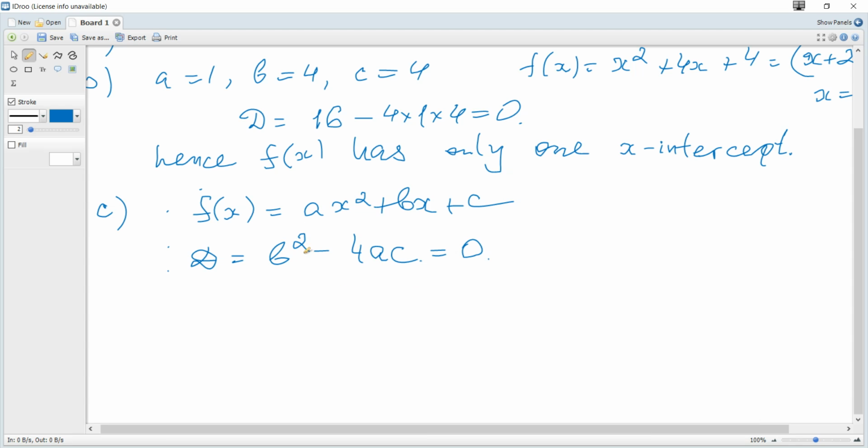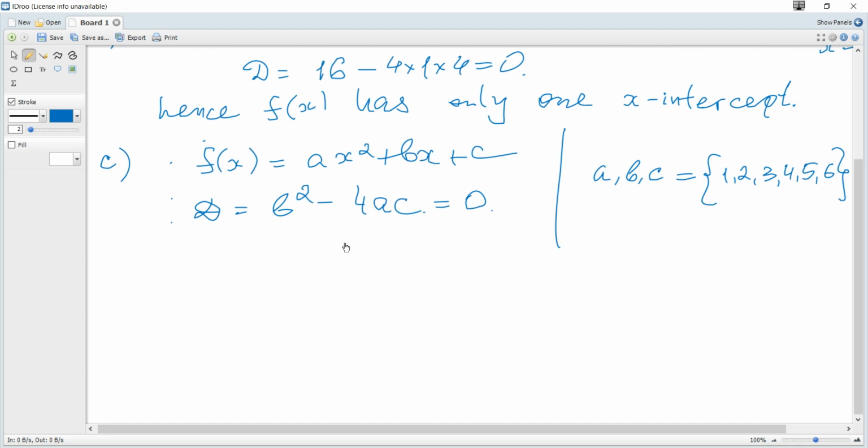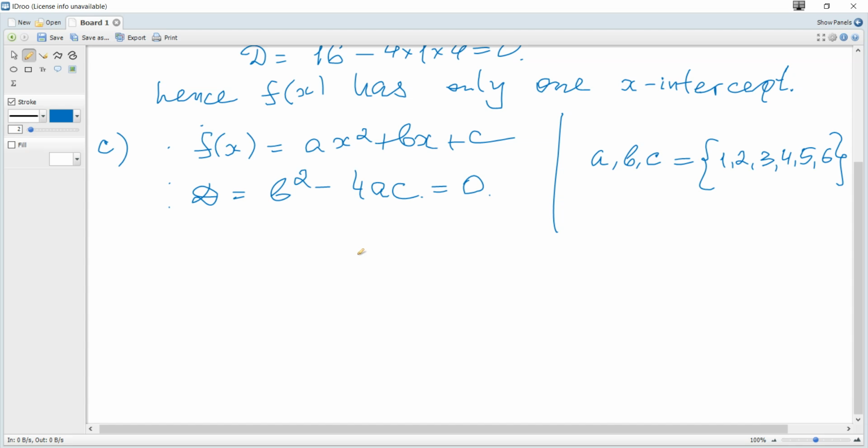You may consider b squared to be equal to 4ac, with a, b, and c possible values 1, 2, 3, 4, 5, 6, because they are generated from an unbiased six-sided die. Let's consider all possible combinations to get this equal to 0, and let's start with a being 1.